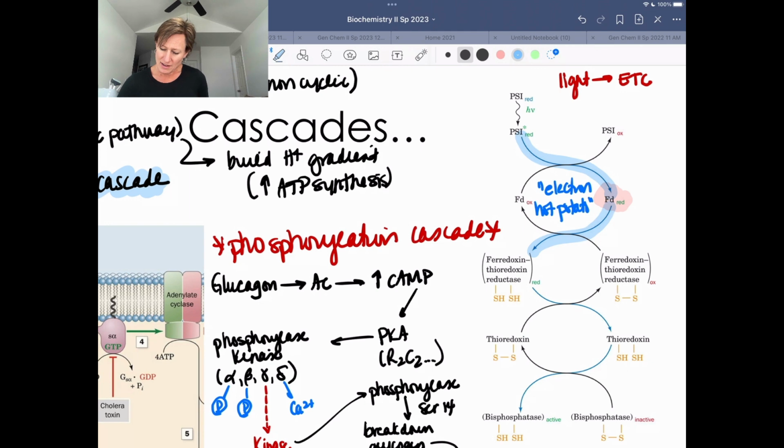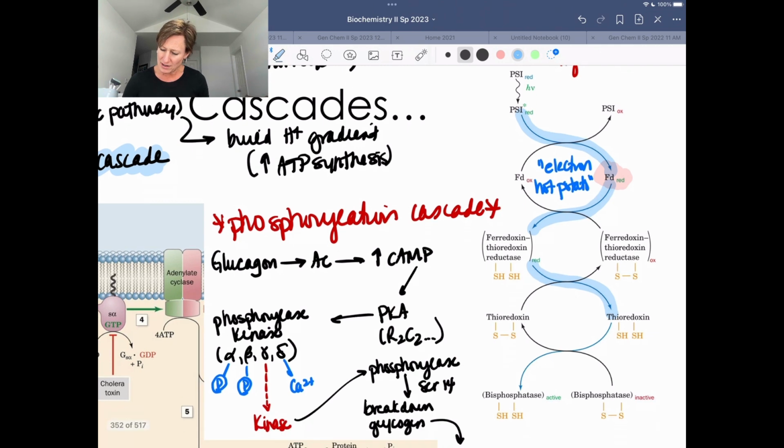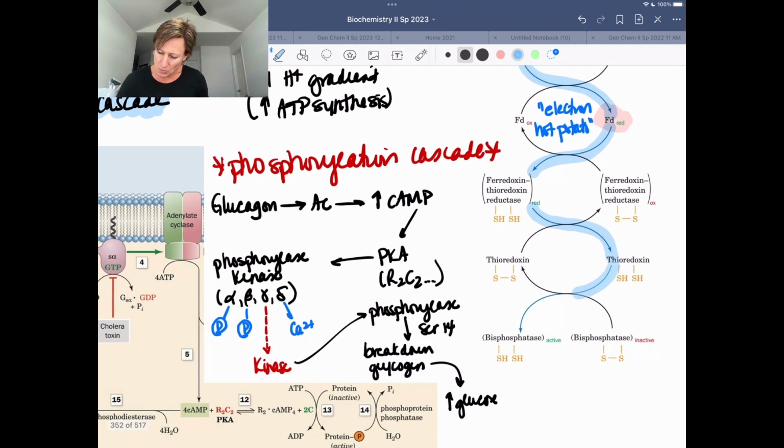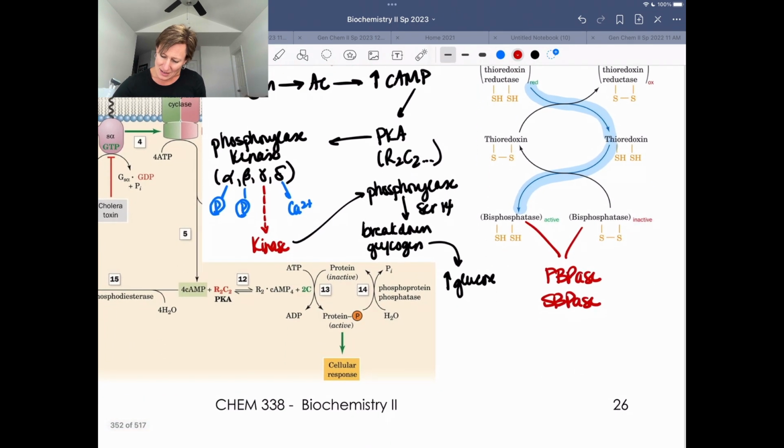We start out with ferredoxin thioredoxin reductase, and then we deliver the electrons to thioredoxin. Here's the part that's important: the final delivery is to one of these phosphatases, either FBPase or SBPase. But look what happens when we are in the reduced state.